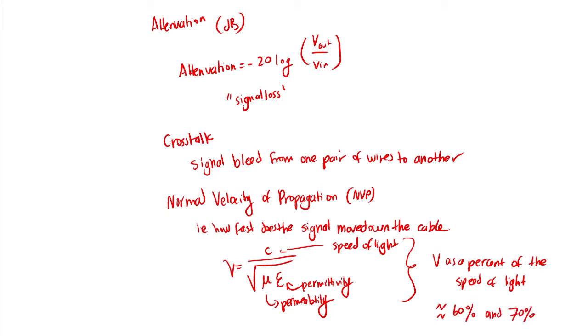And this is important to calibrate your testing equipment because when you're testing for crosstalk and return loss and length, you'll want to program your tester to have the correct propagation speed.